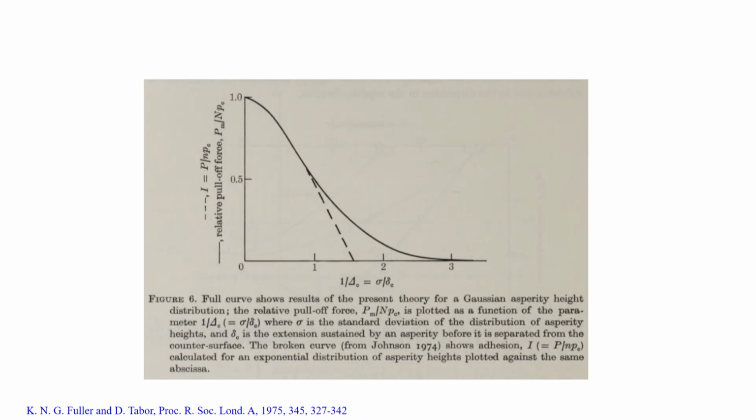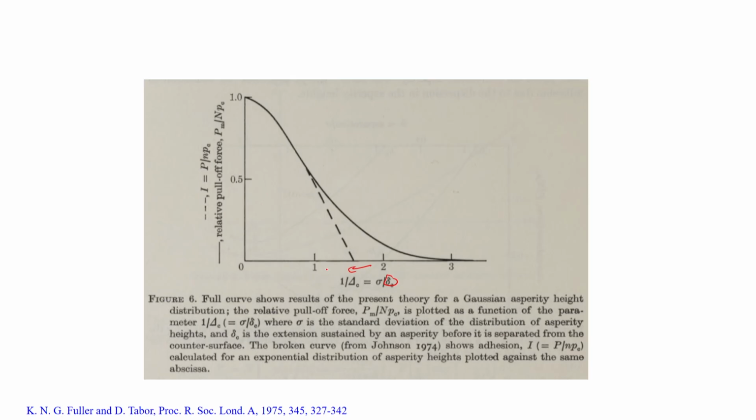Also as you can see, the x axis here is sigma, so that is the width. As sigma increases, the pull off load decreases, and as delta c increases, that means stronger adhesion, and the pull off load will decrease.